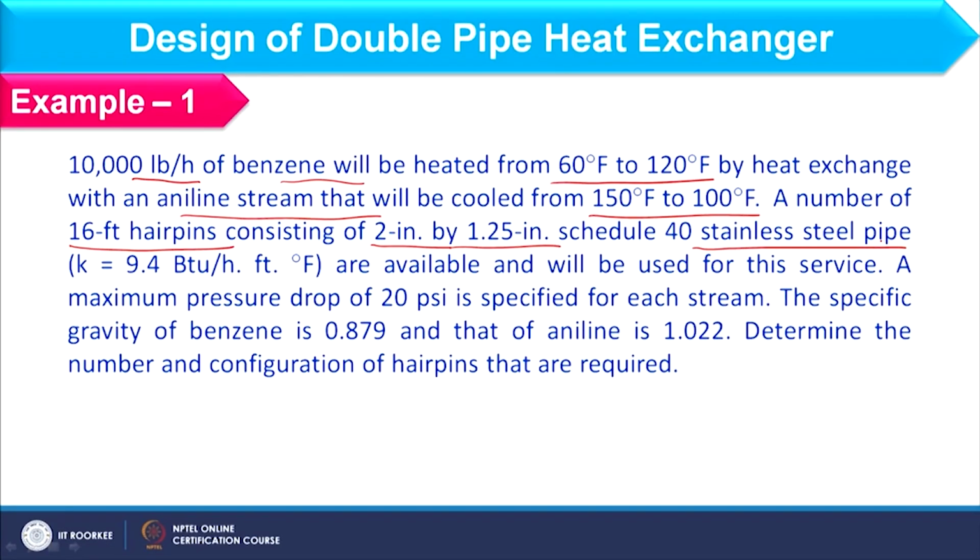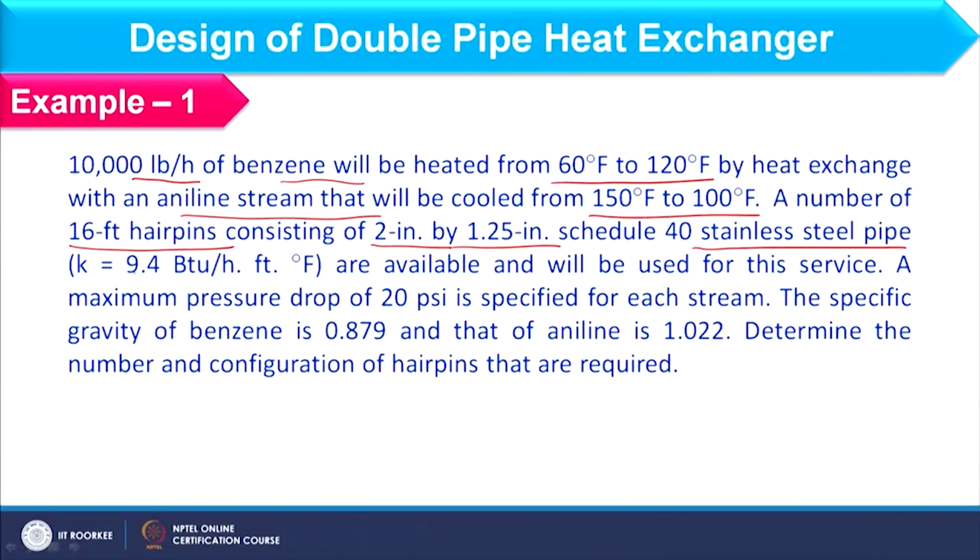I think you remember what the schedule number is. If I say 2-inch by 1.25, what is the meaning of that? This is basically the nominal diameter of the pipe: 2-inch is the nominal diameter of the outer pipe, and 1.25 inch is the nominal diameter of the inner pipe.